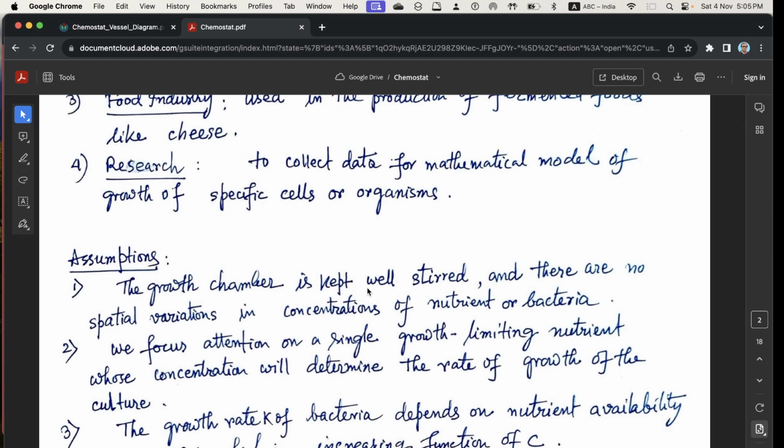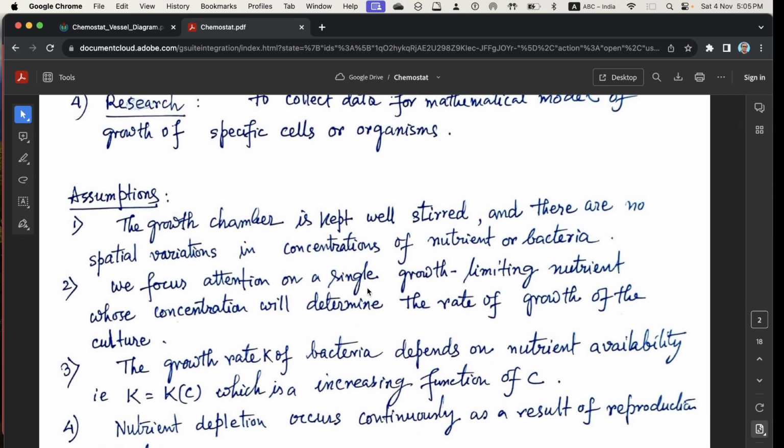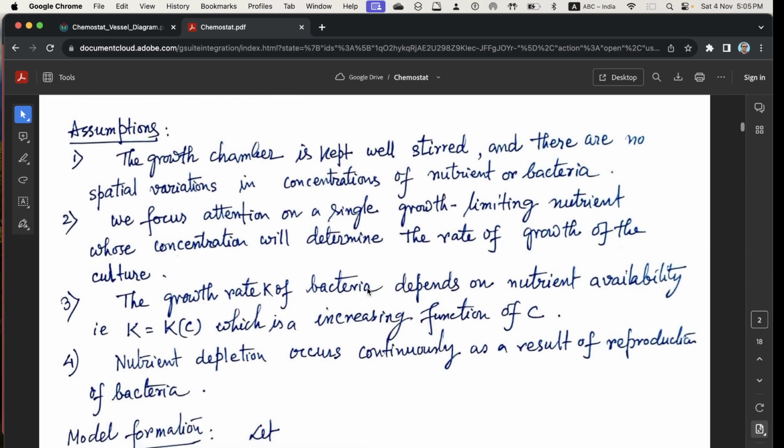Here we assume the growth chamber is kept well stirred and there are no spatial variations in concentration of nutrient or bacteria. We focus attention on a single growth limiting nutrient whose concentration will determine the rate of growth of the culture.